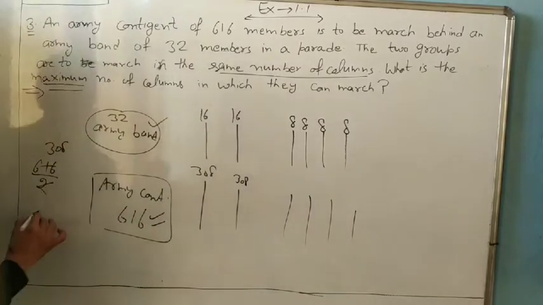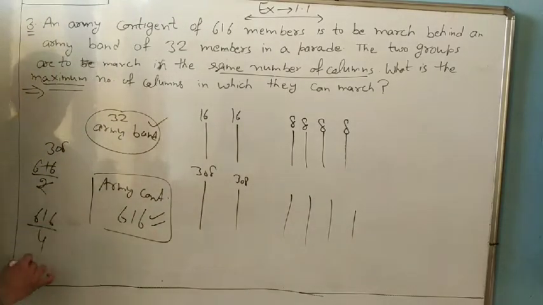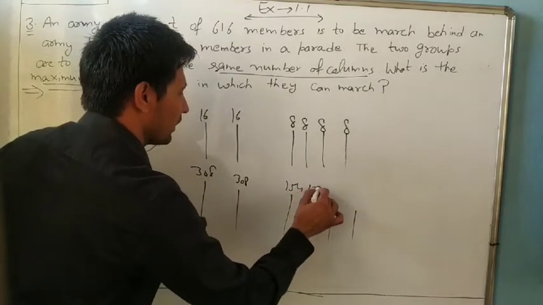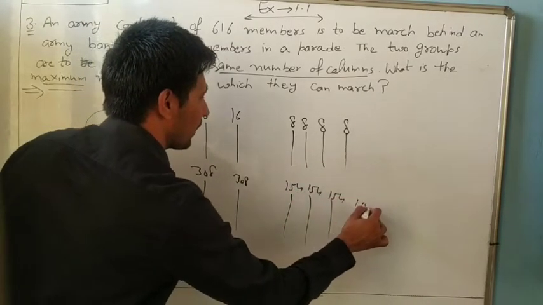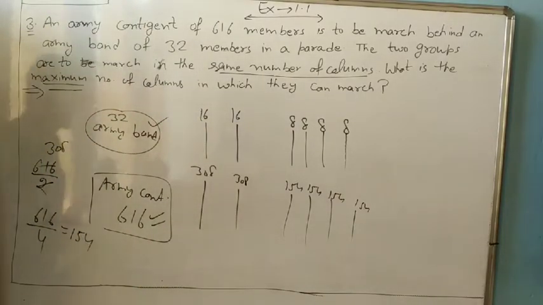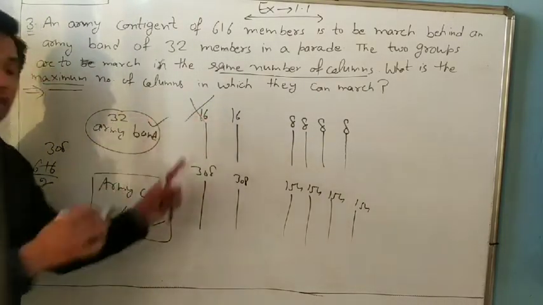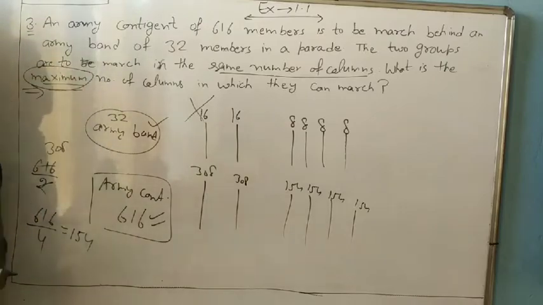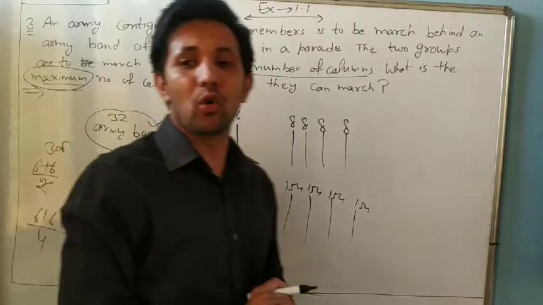It means 616 divided by 4. It will come to 154. 154, 154, 154, 154. But it means our answer is wrong, because in the question we have to find the maximum number of columns.